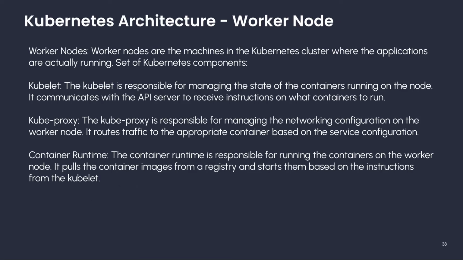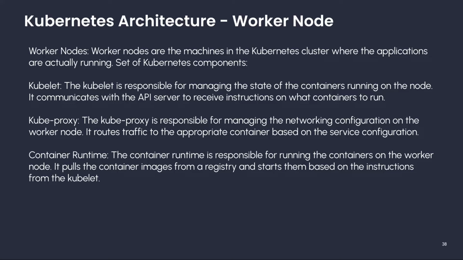Worker nodes, so these are the nodes who actually do the work, like जे मी म्हटलो virtual machines आहे छोट्या छोट्या lightweight, these are the workers which are orchestrating everything.